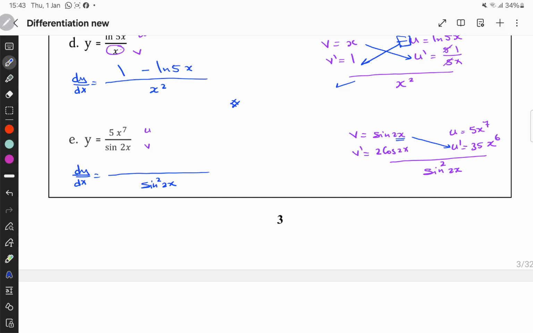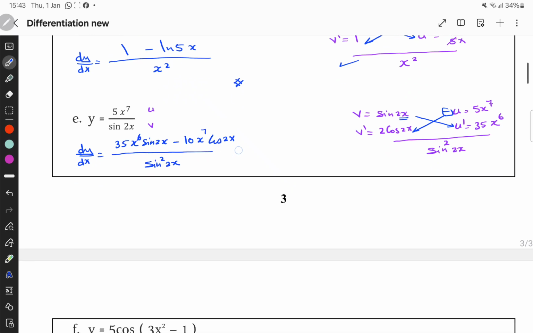So 35 times x to the power 6 will be 35x to the power 6 times sine 2x. Minus 5 times 2, it will be 10 x to the power 7 times cosine 2x. So that is my final answer.